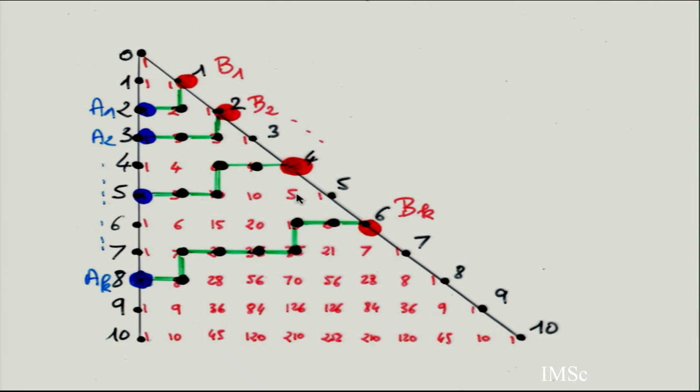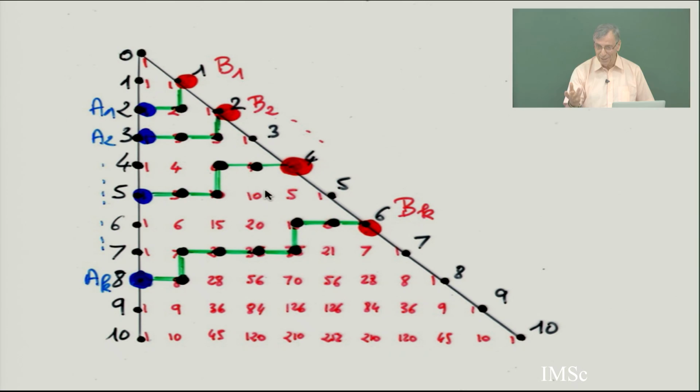For example, this 4 by 4 minor of the Pascal triangle is the number of such configurations. The immediate corollary is that this minor is positive. So this is a proof that any minor, or any determinant of binomial coefficients, is a non-negative number.